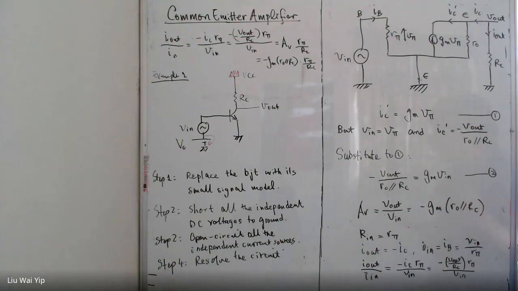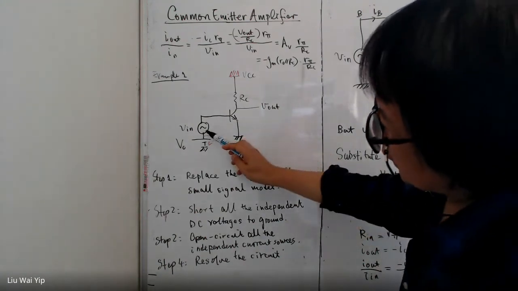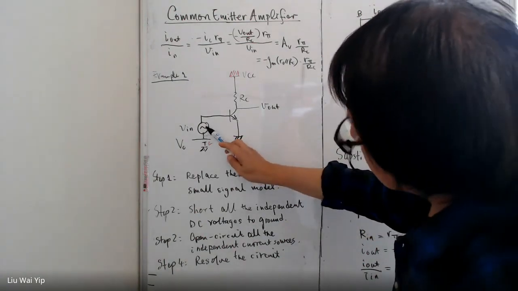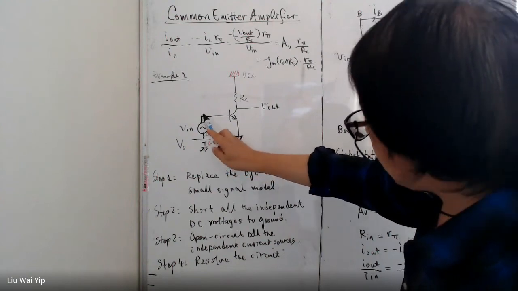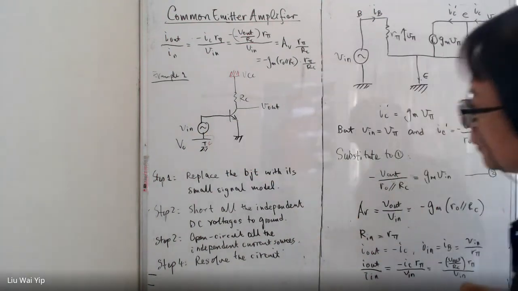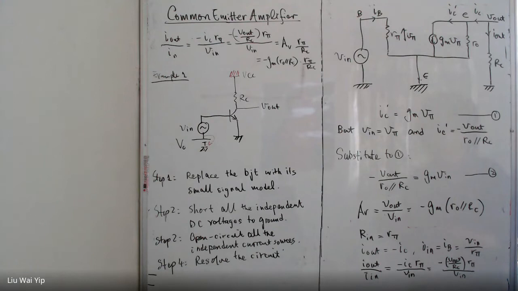On the other hand, the small signal is difficult to apply at this point here. What we can do is modify this circuit to a more realistic version.